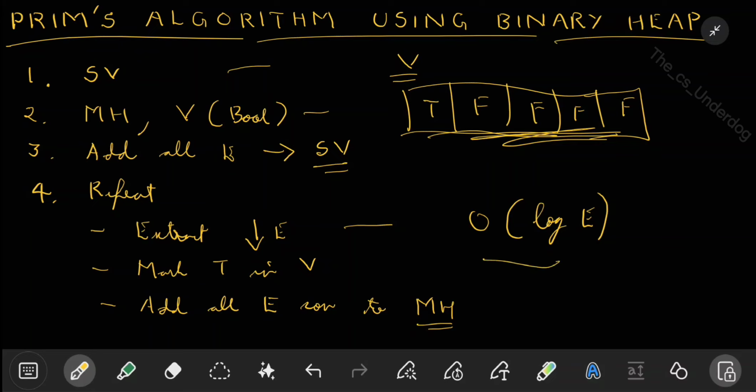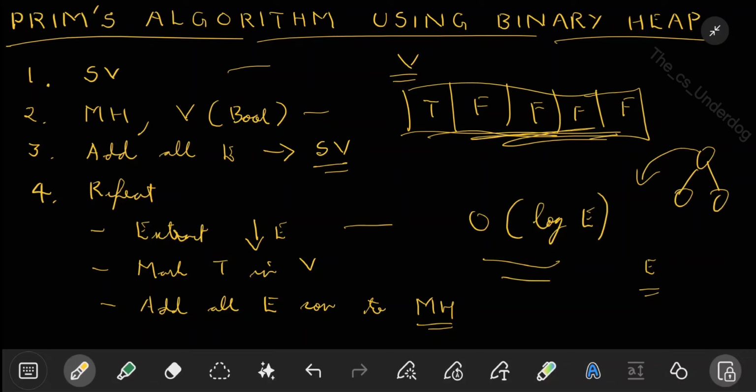And how many times do you want to extract this? You may want to do this for each edge once. Why is it? Because MST will have maximum v minus 1 edges. Then why should you do it for e times? The reason is there may be many edges in this heap which are not part of MST, so you may have to extract them and then skip them.